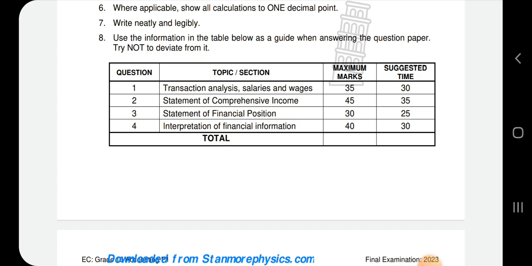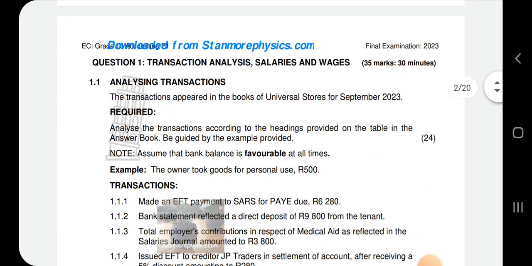It analyzes the financial position of a business, so that's why it's called the statement of financial position. And interpretation of financial information, those are going to be your ratios. As you can see, interpretation of financial statements has the most marks. It's 40 marks.